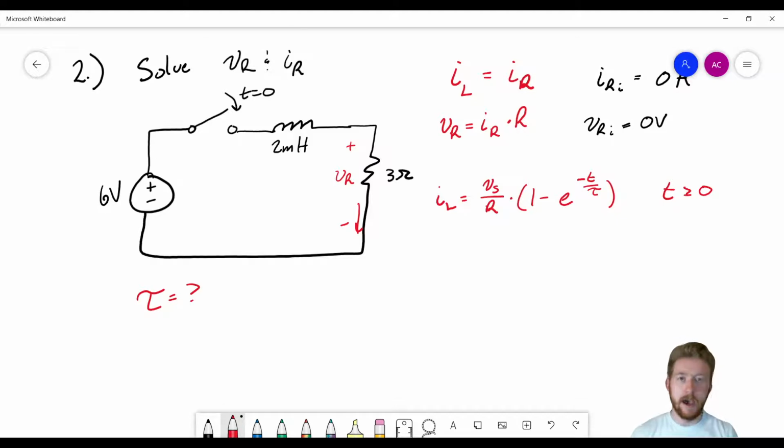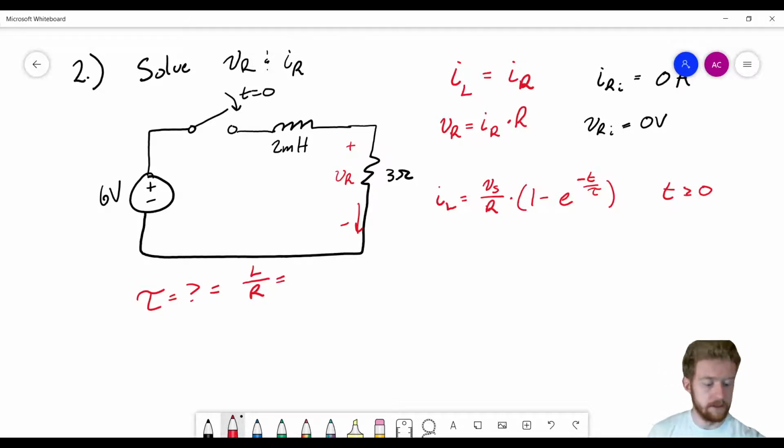Well, previously tau was RC, so maybe for this one it's RL, but that's not correct. This is one of the things that you have to remember. Tau for an inductor and a resistor is not RL, it's L over R. For a capacitor and a resistor, it's going to be RC. So our tau is L over R.